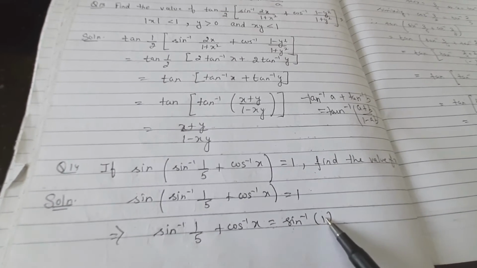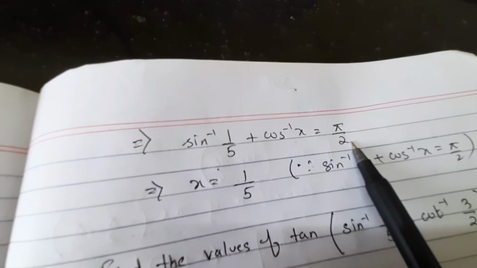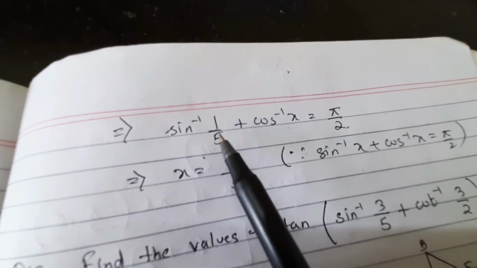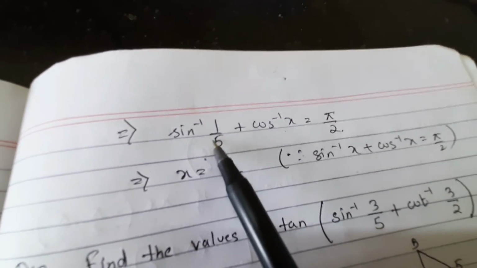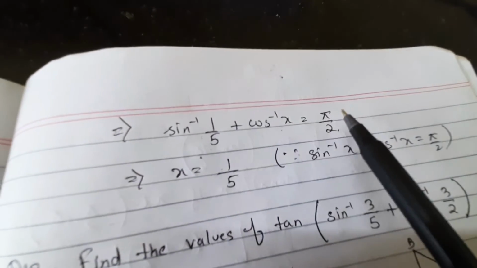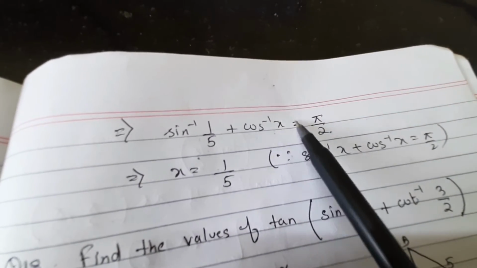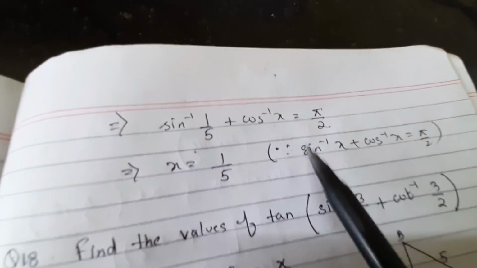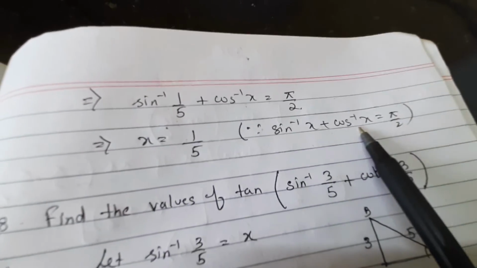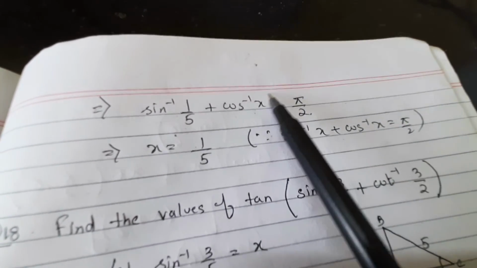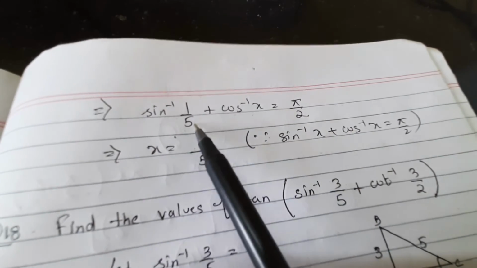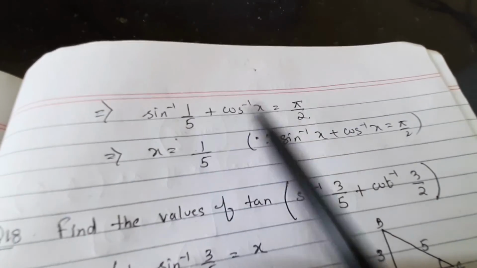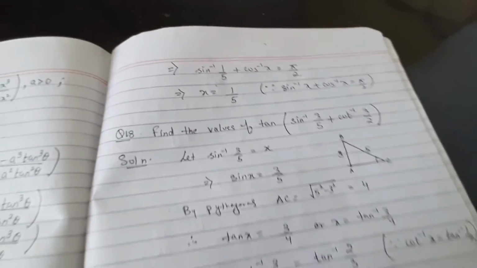So sin inverse 1 by 5 plus cos inverse x is equal to pi by 2. And we know the easiest property: sin inverse x plus cos inverse x is pi by 2. So x has to be 1 by 5, then only it will be pi by 2. It should match with this x. So x is equal to 1 by 5.